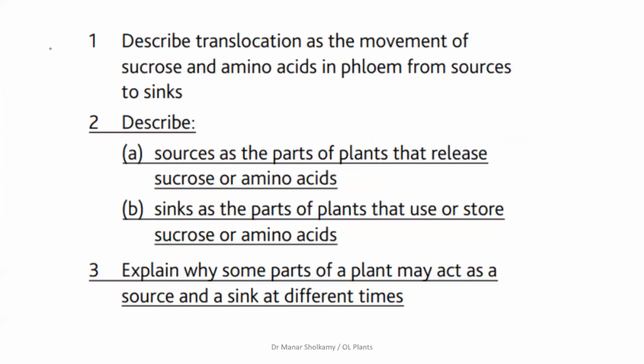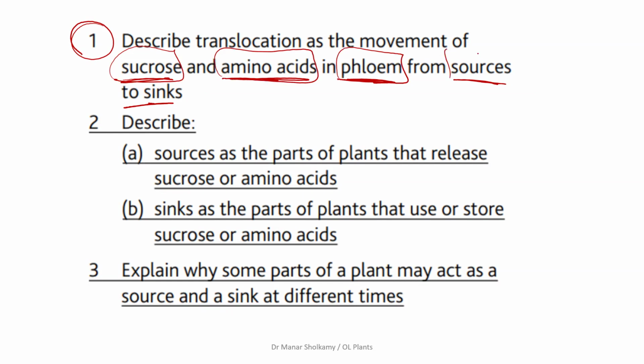Here they said, describe translocation as the movement of sucrose and amino acids in the phloem from the source to the sink. So this is what you will write when you are asked to describe or define translocation. Transport or movement of sucrose and amino acids in the phloem from the source to the sink. All these words that I marked here are keywords. That's why you will find this definition alone out of 3 marks.